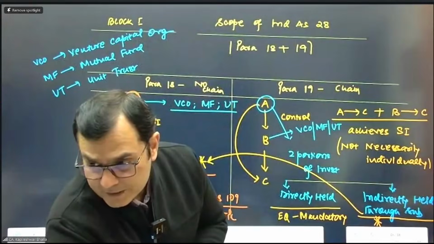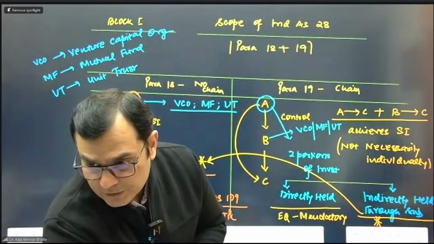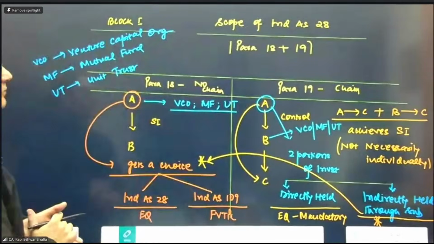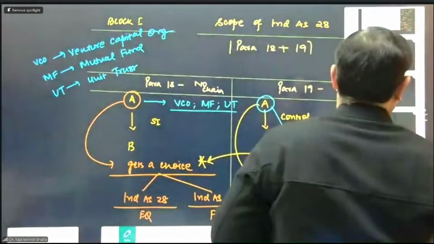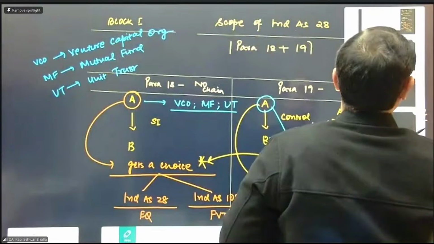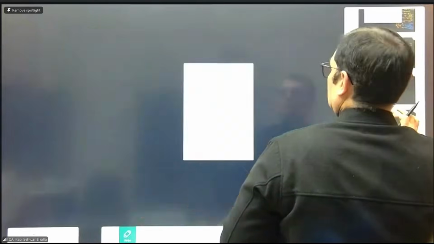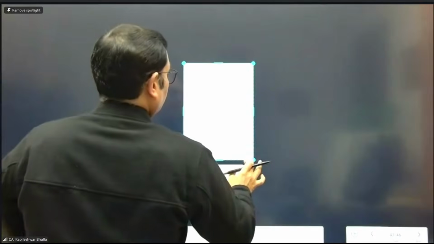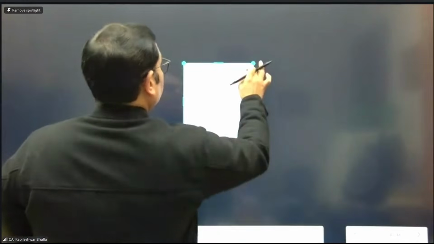Okay, now let's begin with a case study based on this. I have a question which I'm carrying on this area. This is in the education material as well, and it came in the RTPs in May 2020 as well.